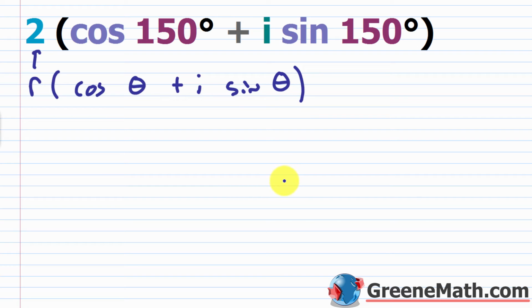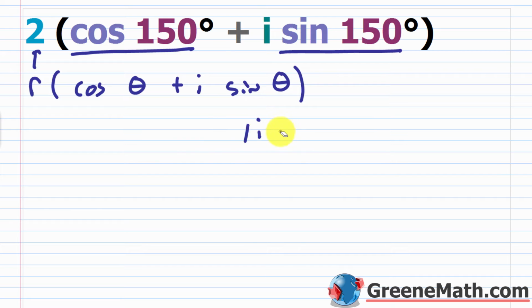So all I would do here basically is figure out what is the cosine of 150 degrees, what is the sine of 150 degrees, basically replace things, and then use my distributive property to distribute the 2 into everything, and you're going to have it in the format of x plus yi, okay, just like you want. So first and foremost, what is the cosine of 150 degrees? Remember, this has a 30-degree reference angle, and we're in quadrant 2.